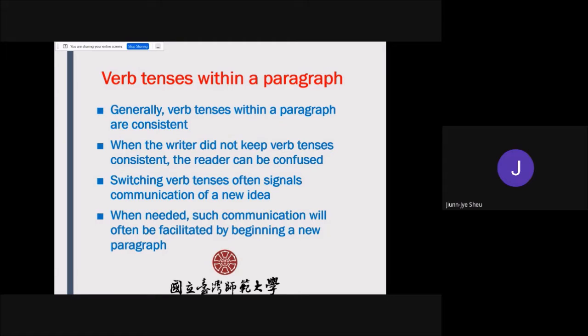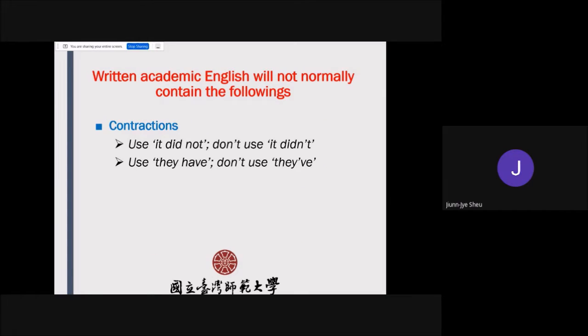Typically, inside a sentence, the verb tenses are consistent, although it does happen that the verb tense can be different in one single sentence. Like you may say present tense, and the clause may be in past tense, depending on what you present in your idea.